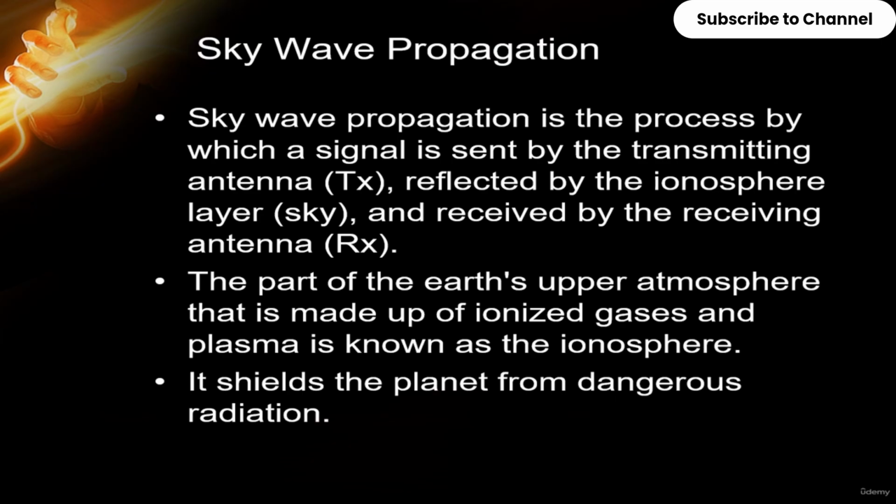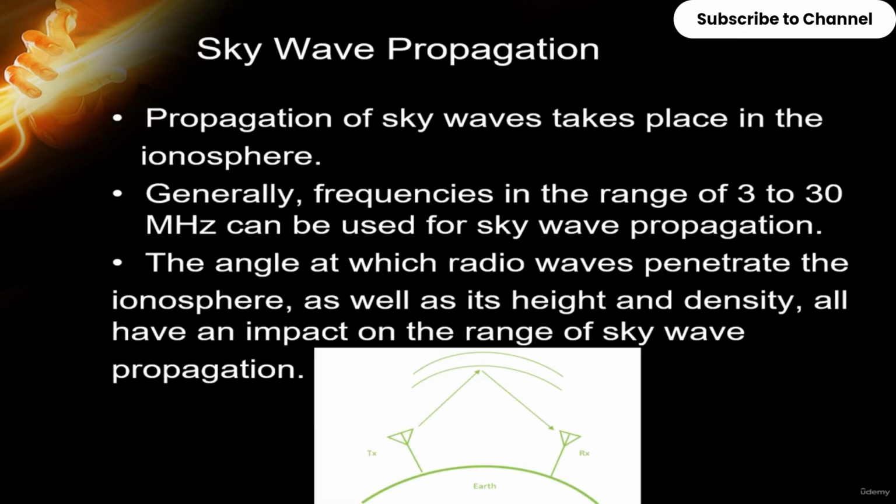The earth's atmosphere is made up of ionized gases, and the ionosphere also has plasma, which covers our earth. If you see here, sky wave propagation takes place in the ionosphere layer. The frequencies range from 3 to 30 megahertz in sky wave propagation.